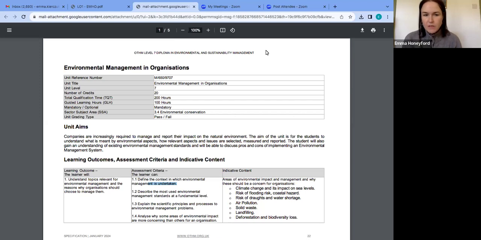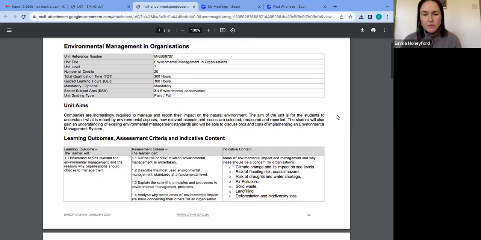So I'm just going to go over the different learning outcomes. When you do your assignment, make sure that you cover all of these different areas. This first session, we're going to talk over and understand the topics that are relevant for environmental management and the reasons why organisations should choose to manage them.